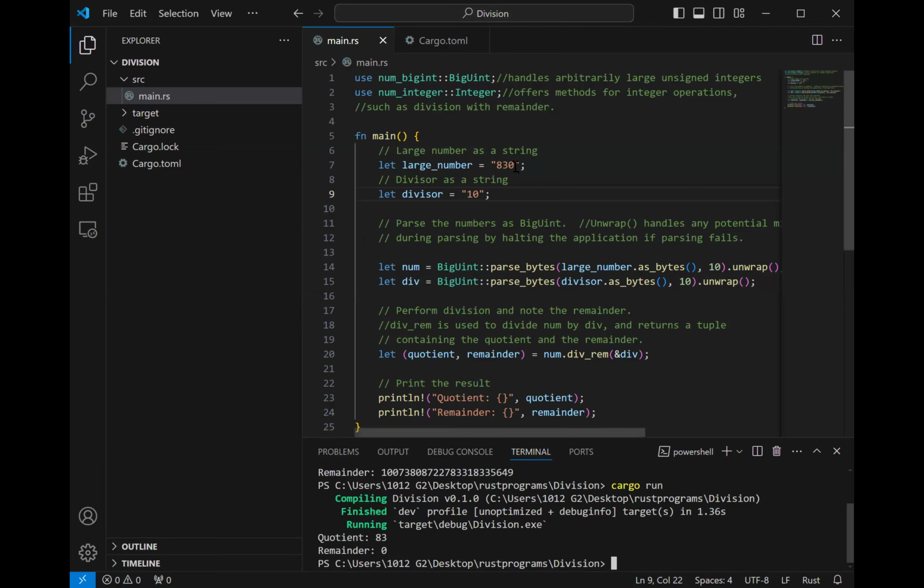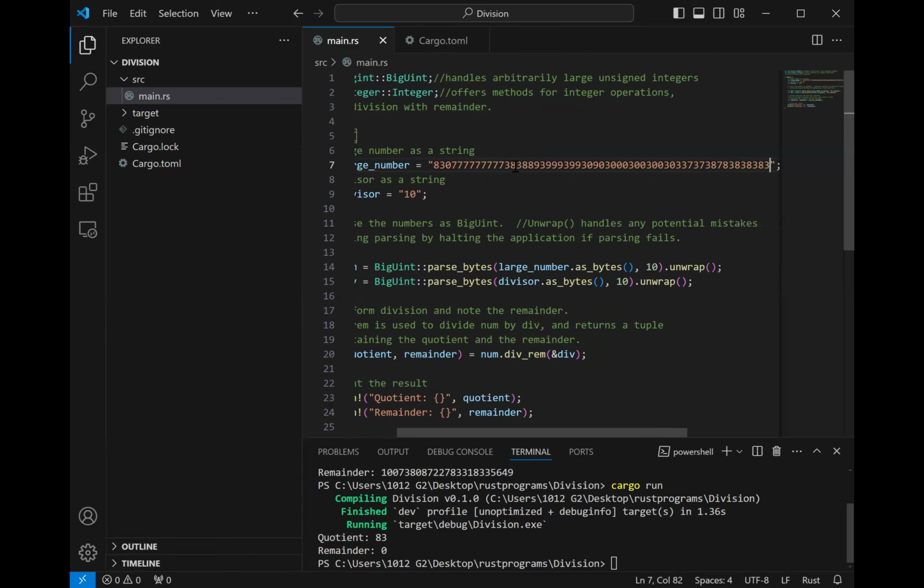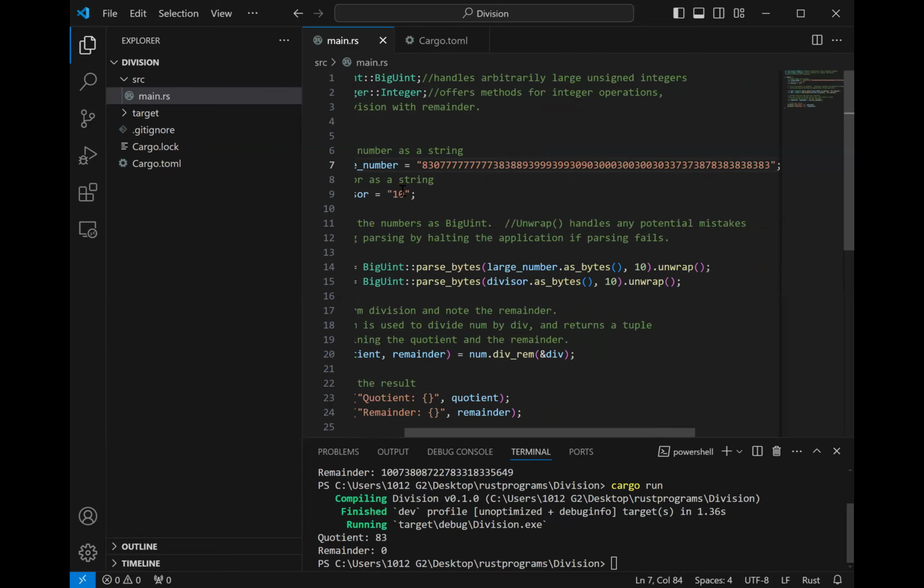Let's try another one and see. Just type numbers there. Okay, let's also type numbers for the divisor here.